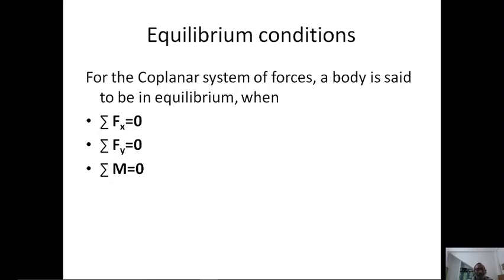That is sigma Fx equal to 0, sigma Fy equal to 0, sigma M equal to 0. That means it is neither translation nor rotation. So if a system is said to be static at a position in a coplanar concurrent or coplanar parallel forces system, these three conditions should exist.